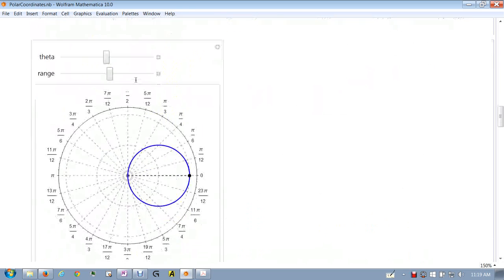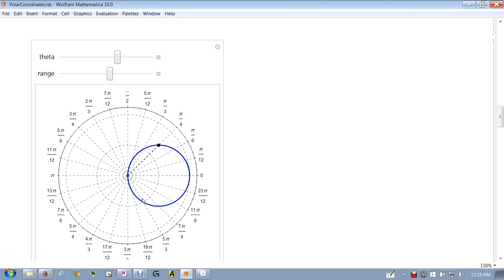This is the one that we just looked at. As I change my angle, I go around. See, at pi over 4, it was 1.4. This one actually comes out, and you can really see it a lot better. If this is 1 and this is 2, then 1.4 looks like about right there.